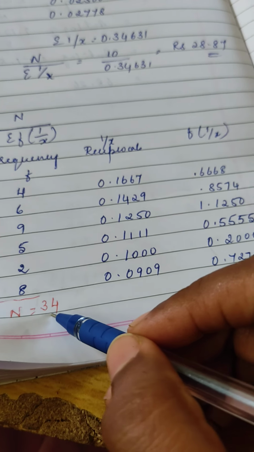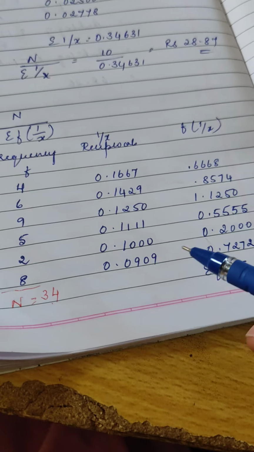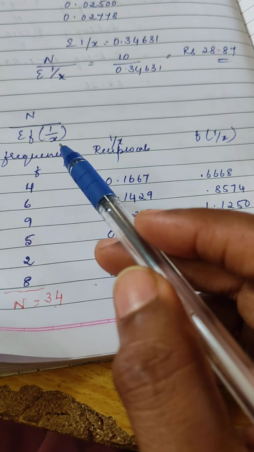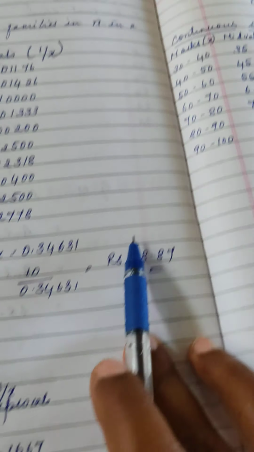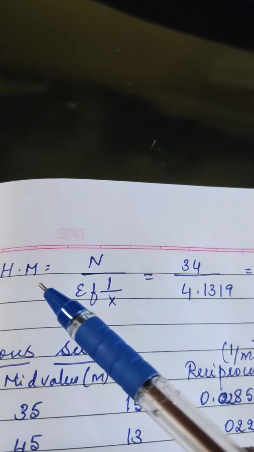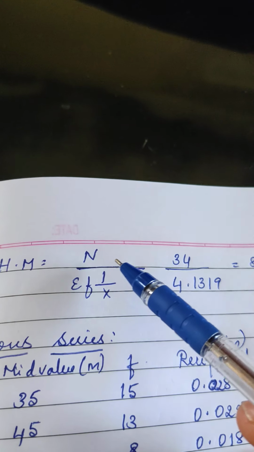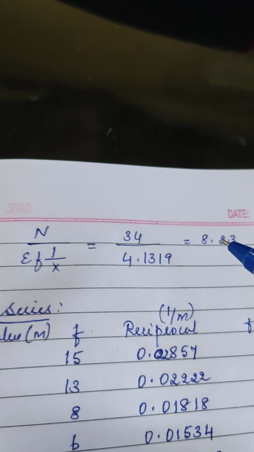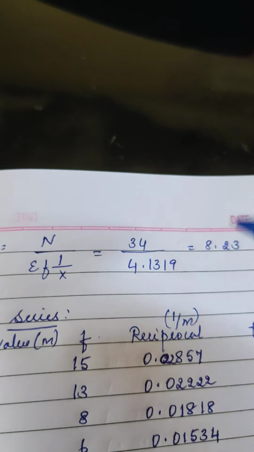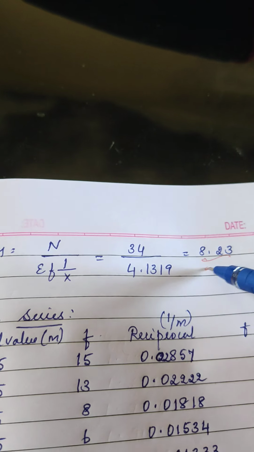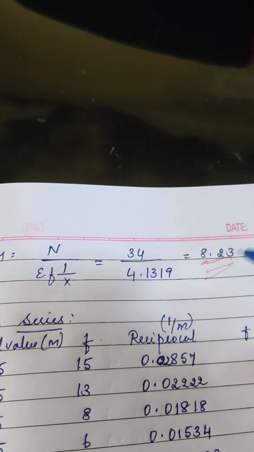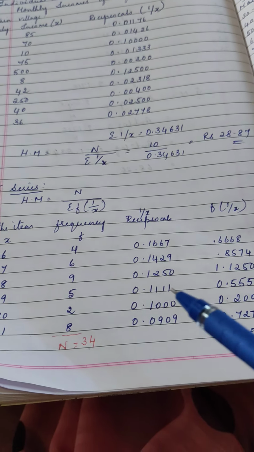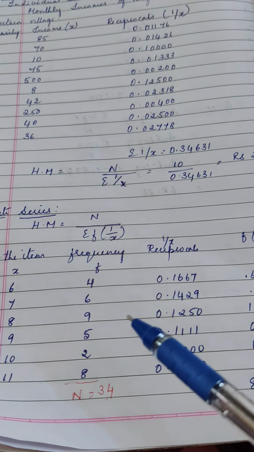So the n value is equal to 34. Now we have n and also sum of f into 1 by x. Now we'll apply it in the formula. Harmonic mean is equal to 34 by 4.1319, which is 8.23. This is the answer. So this is how we find harmonic mean for discrete series.